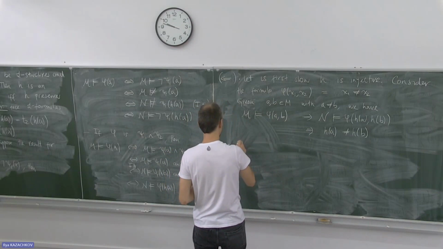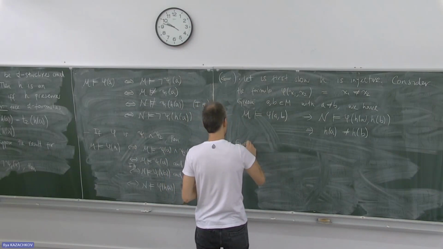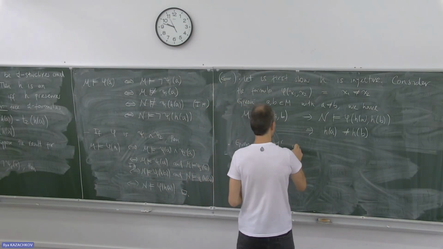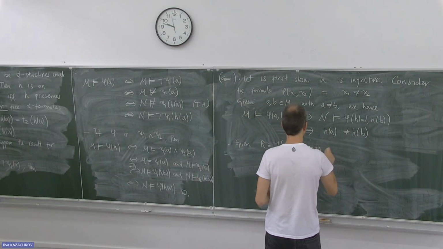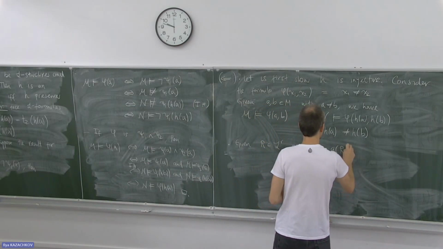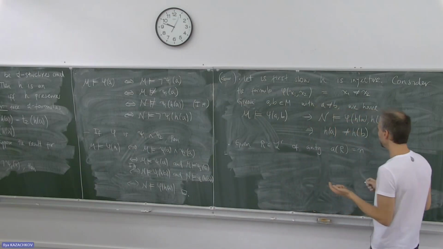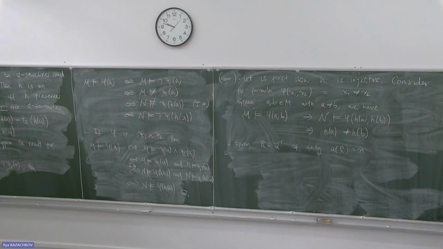Okay. Now, let us show that, given a relation symbol R of arity, let's say N, we need to show that if H is an embedding, this relation holds for some tuple in M if and only if the same relation holds for the image in N, right? So which formula shall we take in this case to prove this?